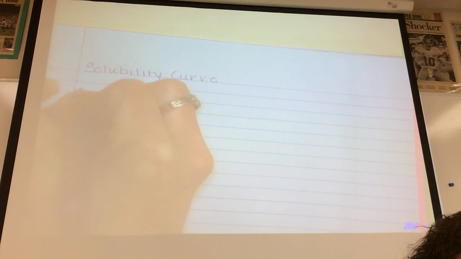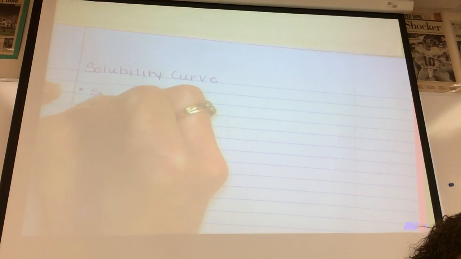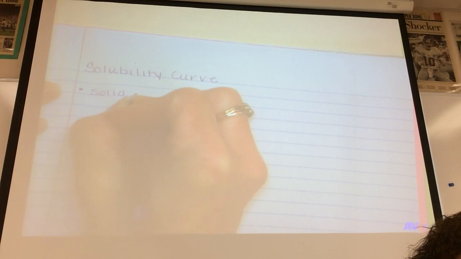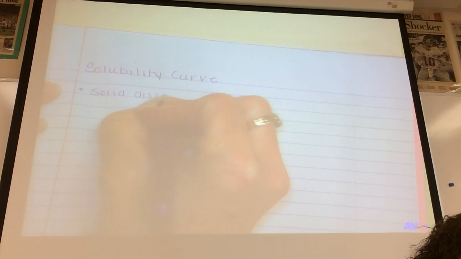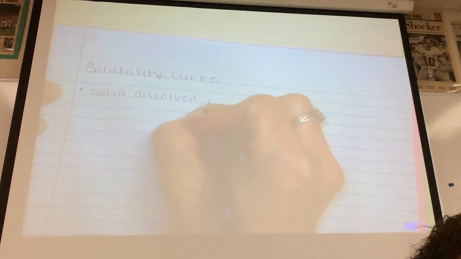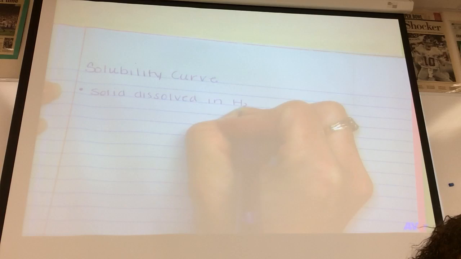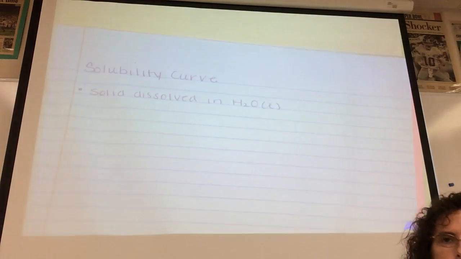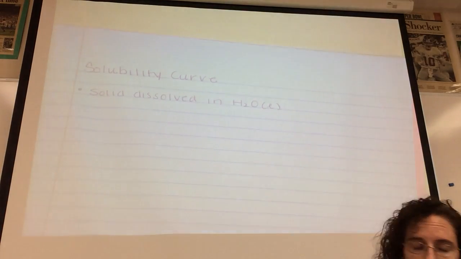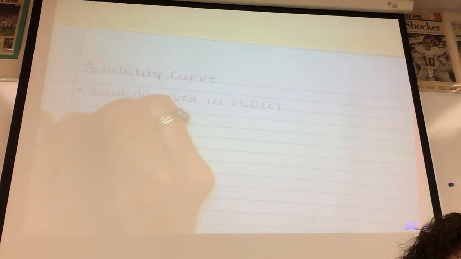The first one we're going to look at is a solid dissolved in water, and that water's in the liquid state, and as a result my solution will be a liquid.